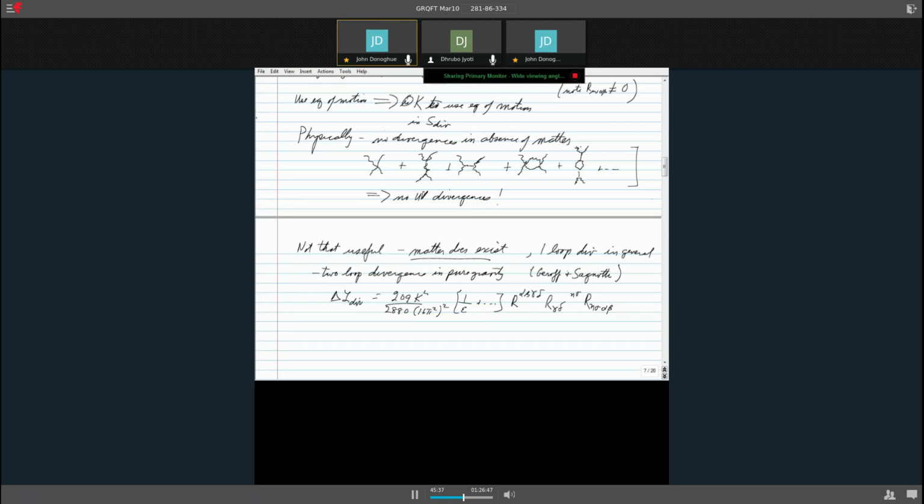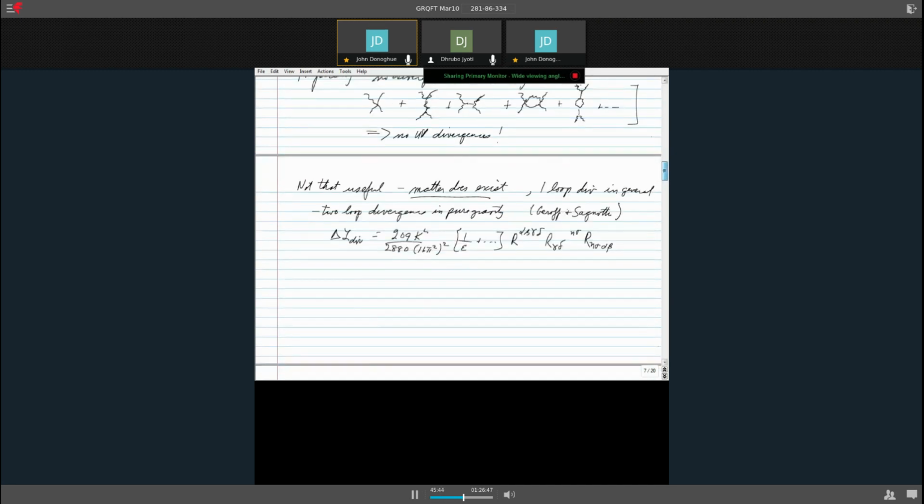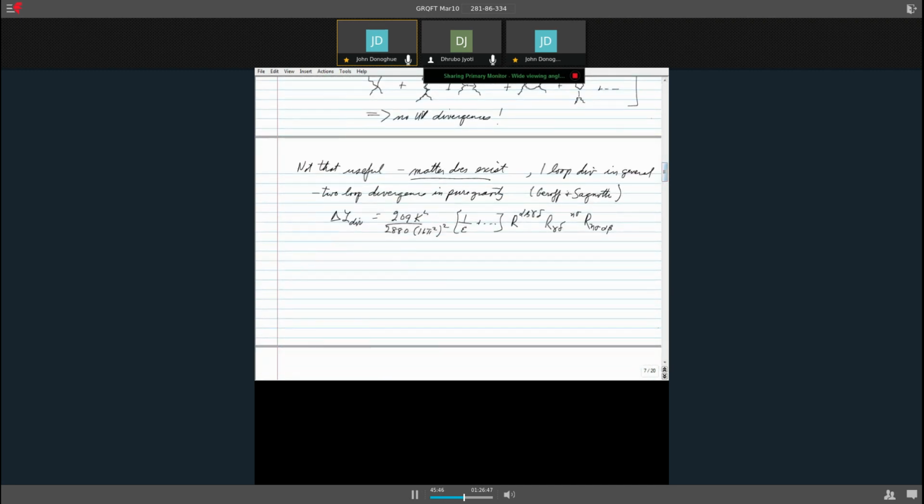And the two-loop divergence looks like this. The divergent piece looks like here.